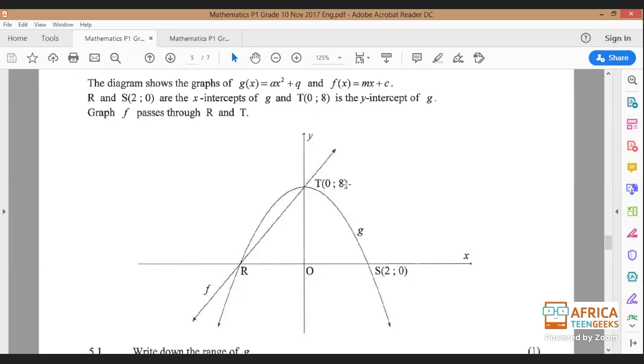T, with coordinates 0 and 8, is the turning point and the y-intercept of g. Graph f passes through R and T. So your f of x, your straight line, passes through R and T, those two coordinates.